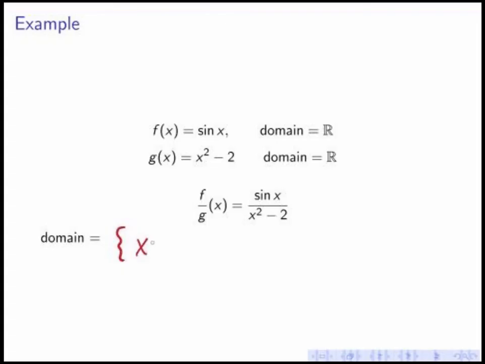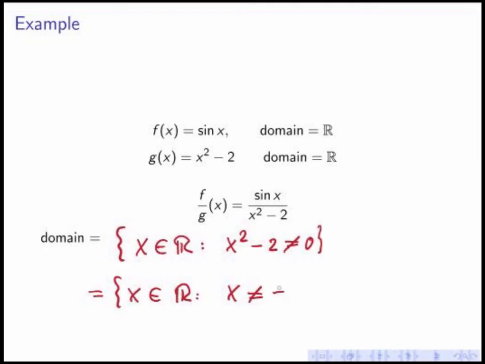So what we have to do is we take all real numbers, but then we restrict that x squared minus 2 is not equal to 0. And first you can just write it down in this form. Just keep life simple. But then we can simplify this set, which is all real numbers, so that x is not equal to plus or minus root of 2. So that is the domain of this function.